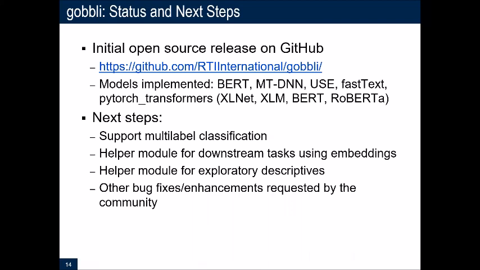So we'd like to include some helpers for downstream tasks using embeddings, potentially topic modeling, clustering, similarity calculations, anything that you might want to use embeddings for. And also some helpers for exploratory descriptive stats, so like word counts, distributions of labels, that sort of thing that might be helpful for you when you're using a data set for the first time.